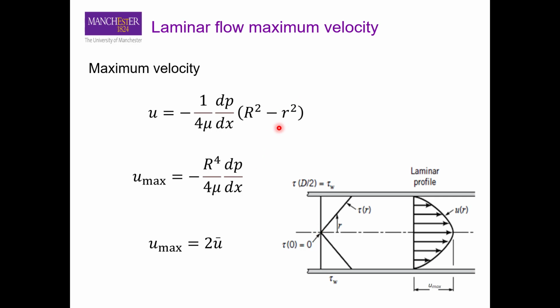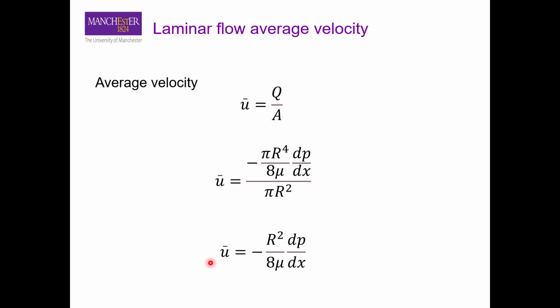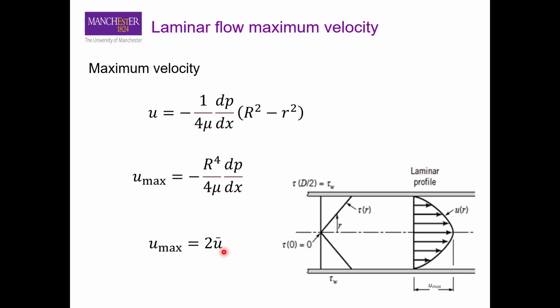If you cancel this out, you get this expression of maximum velocity. If you compare u max with the average velocity, you will see that the maximum velocity is actually 2 times the average velocity. And as you can see here, that is why you have a parabolic velocity profile.